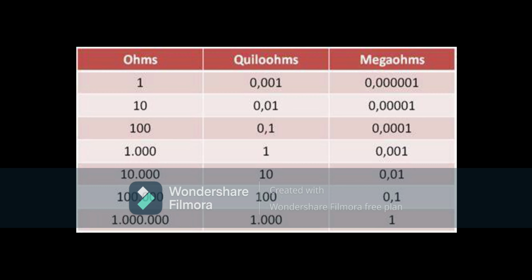Below are some equivalents between them. 1 kiloohm equals 1000 ohms, 1 megaohm equals 1 million ohms, and 1 megaohm equals 1000 kiloohms.